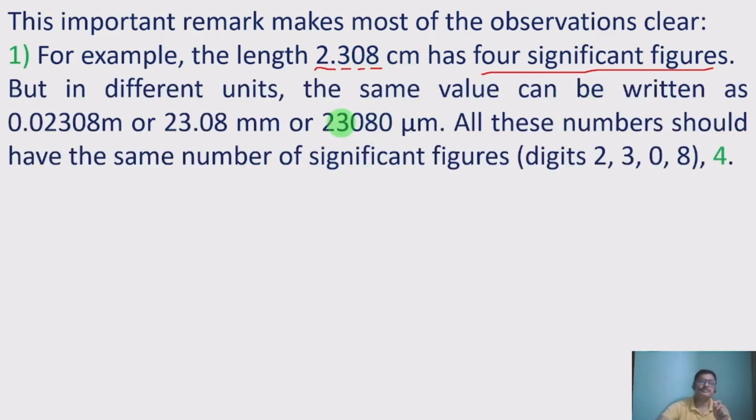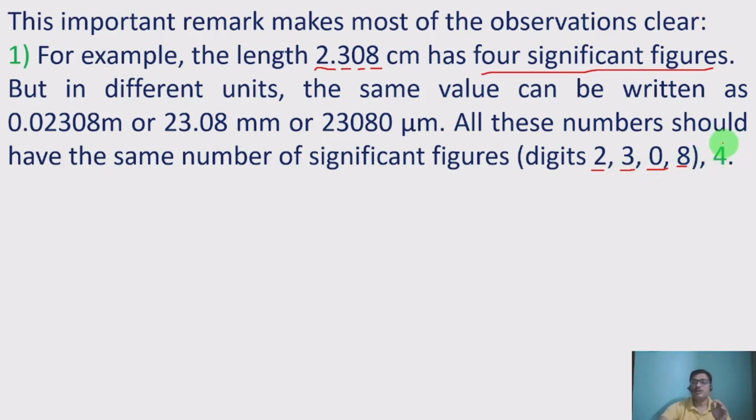But in different units, the same value can be written as 0.02308 meter or 23.08 millimeter or 23080 micrometer. All these numbers have the same number of significant figures: the digits 2, 3, 0, 8.